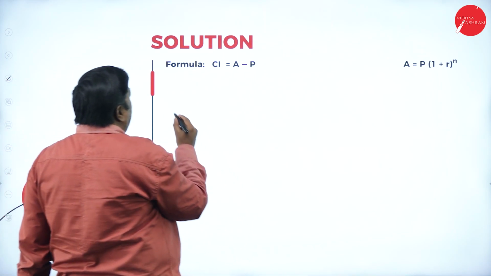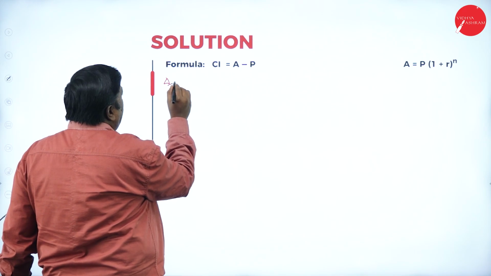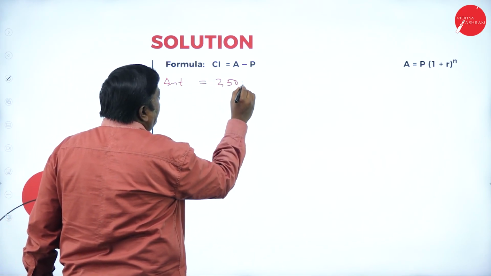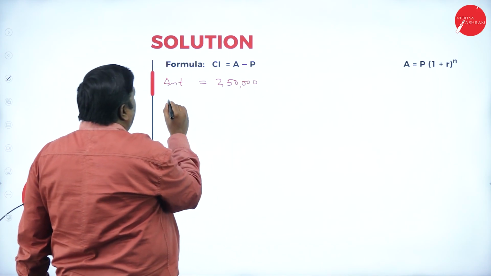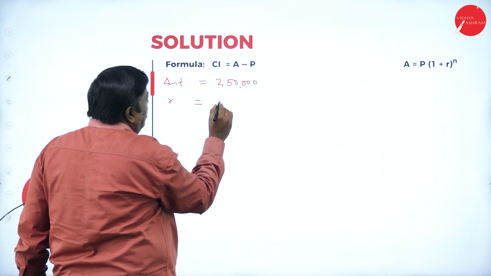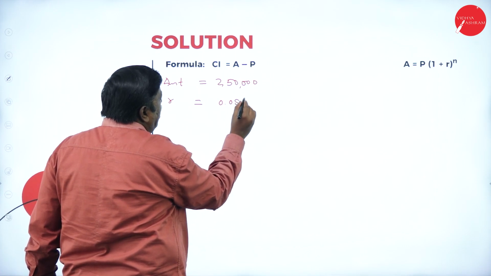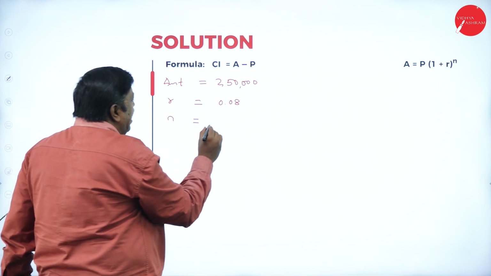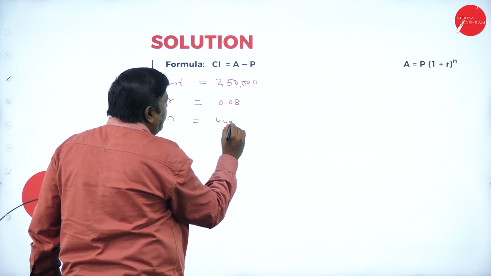The amount deposited is 2,50,000, R is 0.08, and N is 4 years.